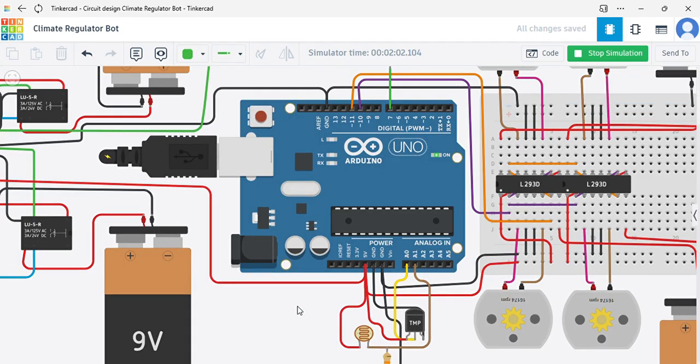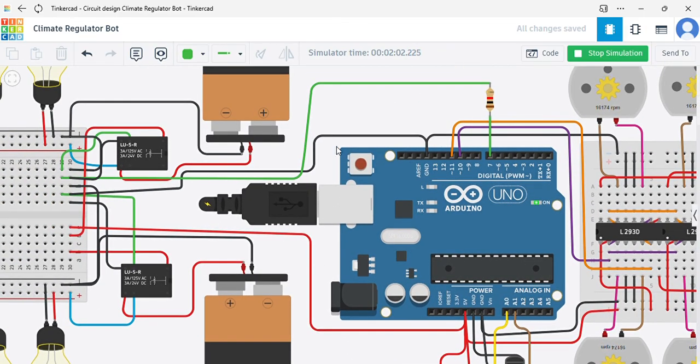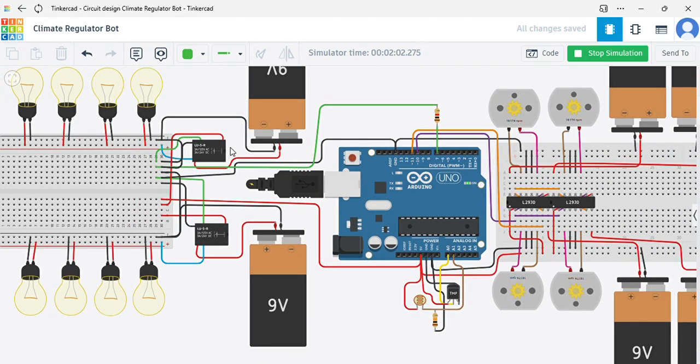Now, the bulbs over here are controlled by these 2 relays which control the power flow from these batteries. The relay trigger pins are triggered by pin 7 on the Arduino board. There's a 1000 ohm resistor here, and the Arduino triggers the relays depending on the analog signal from the photoresistor right here.